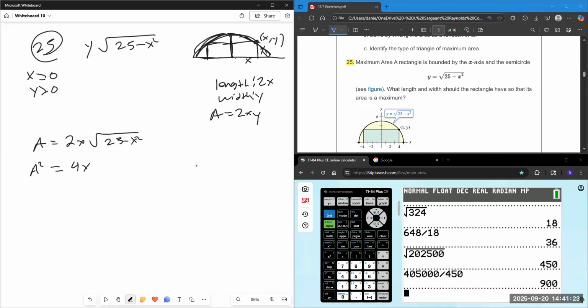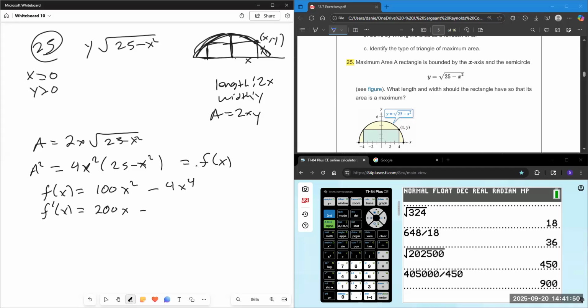So that's 4x squared times 25 minus x squared. And I'll call this f of x for you. So f of x is equal to 100x squared minus 4x to the fourth. f prime of x is equal to 200x minus 16x to the third. Both of these are divisible by 8.